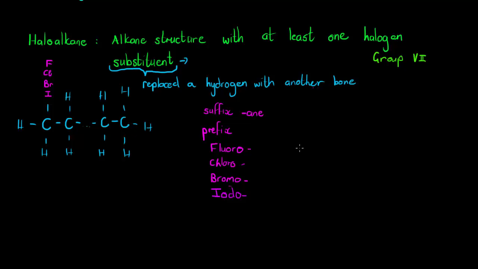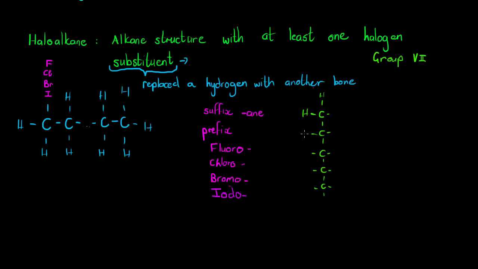And now just to show you an example of this, let's take 5 carbons. Each one of these carbons will have 8 electrons in its highest energy level.